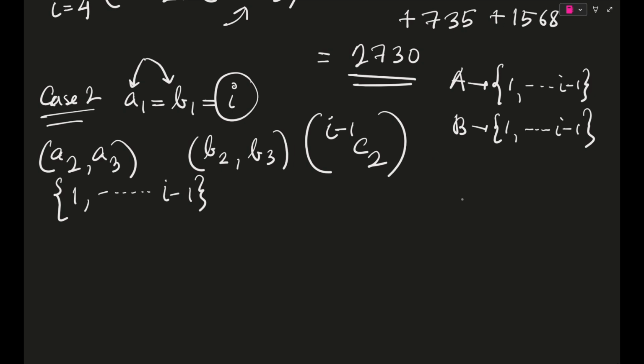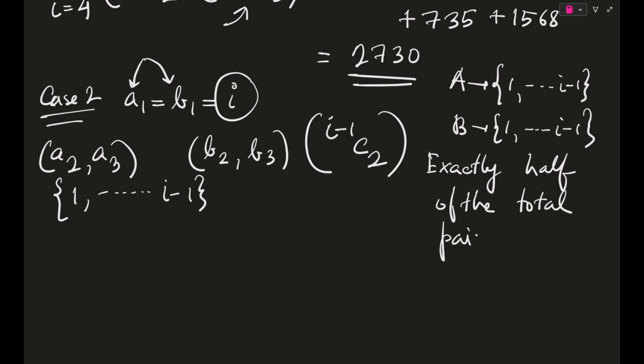So to ensure this, you will find that exactly half of the total pairs give A's pair greater than B's pair.